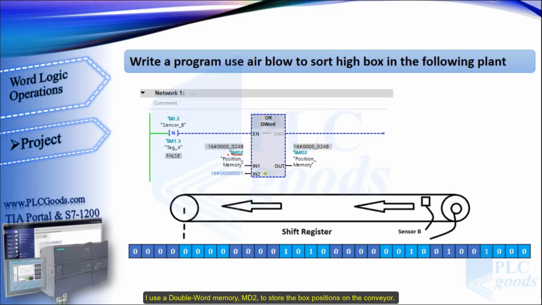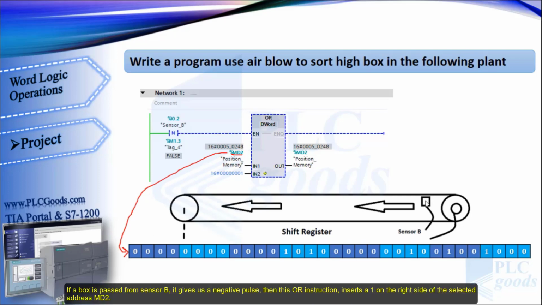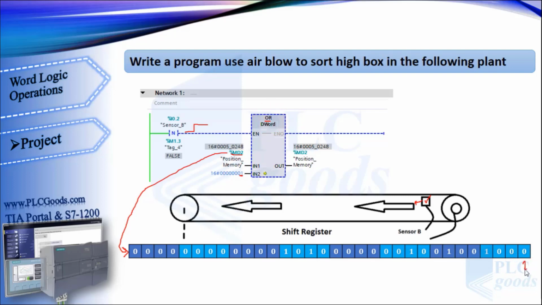I use a double word memory MD2 to store the box position on the conveyor. If a box passes sensor B, it gives us a negative pulse. Then this OR instruction inserts a 1 on the right side of the selected address MD2.